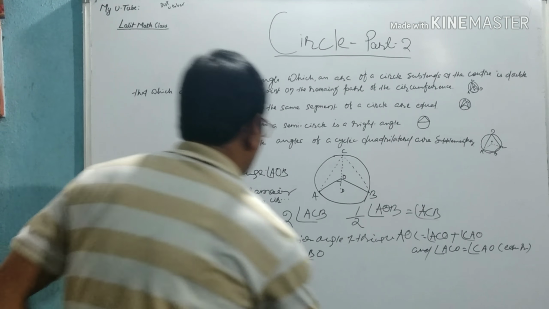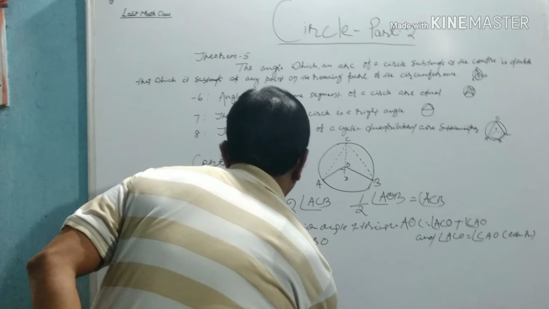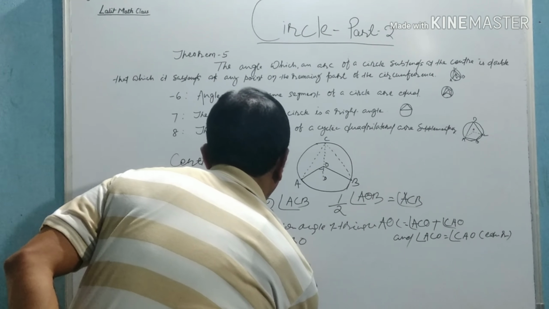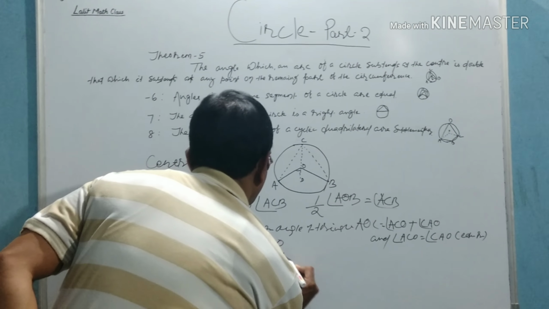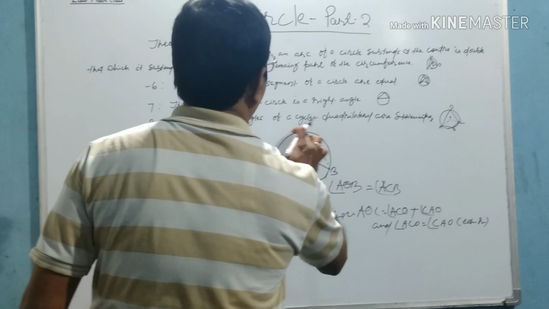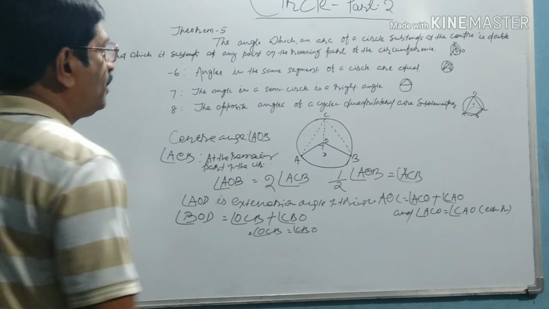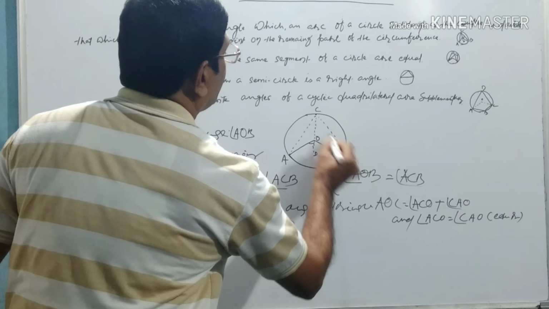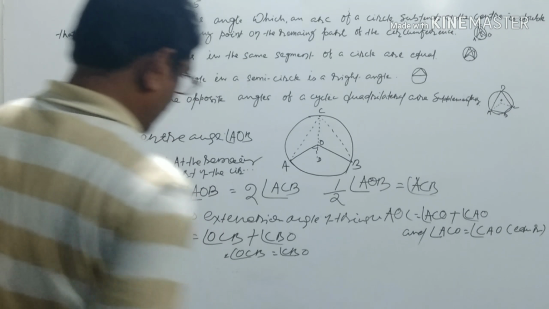In a similar way, we can write OCB equals CBO because OC and OB are radii.